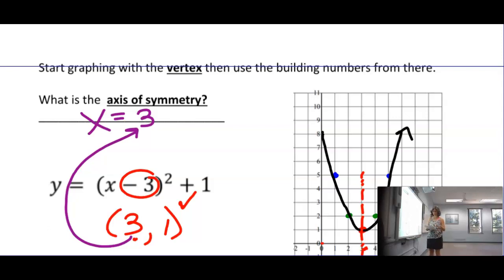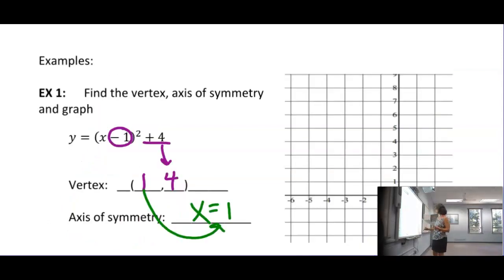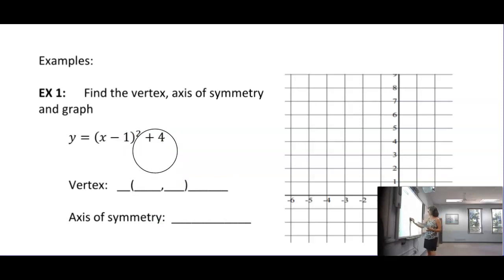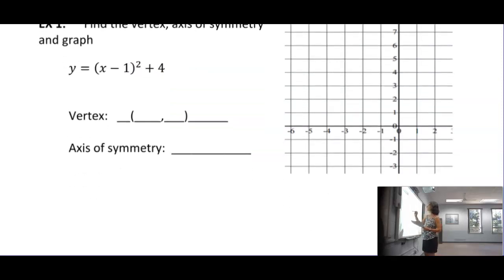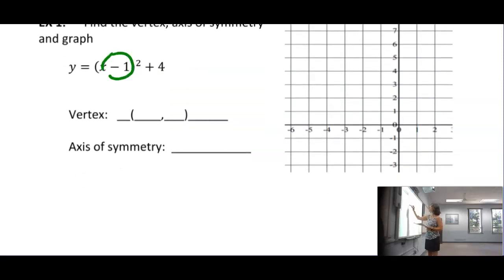I know the notes are long, but that's so you have enough room to graph. So our first graph, I didn't want you to have that right away, so I'm going to erase that. Okay, remember, we find our vertex by opposite for my x value, so that's going to be 1 because that's a negative 1.